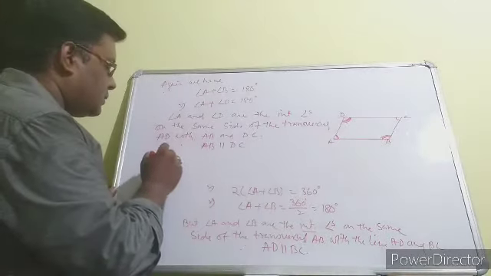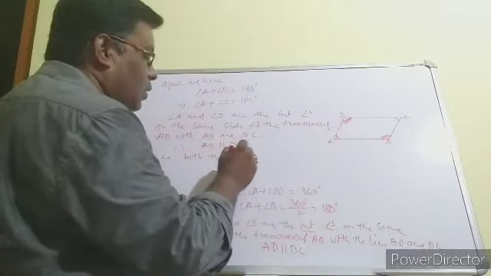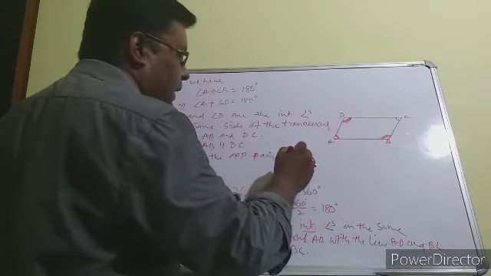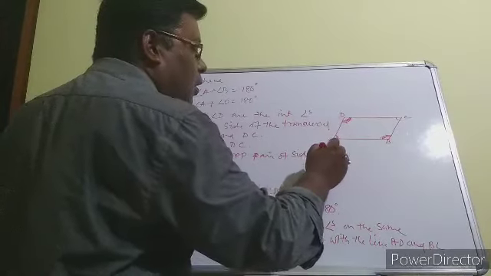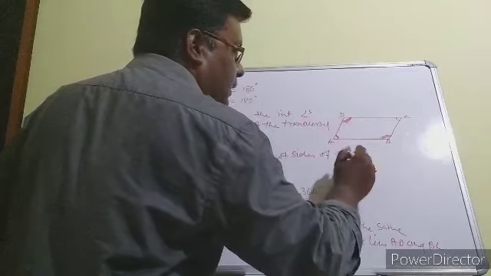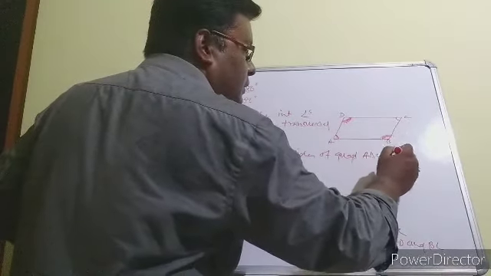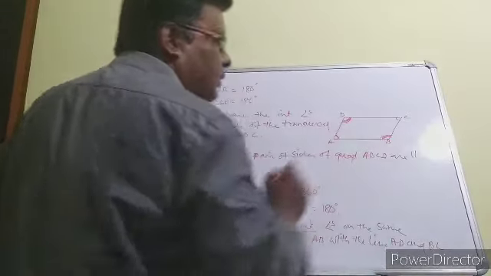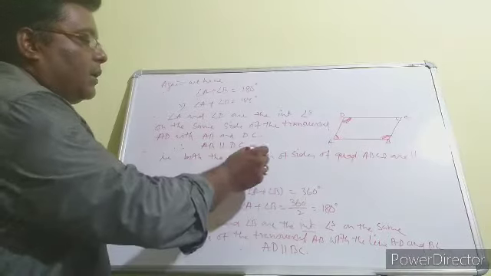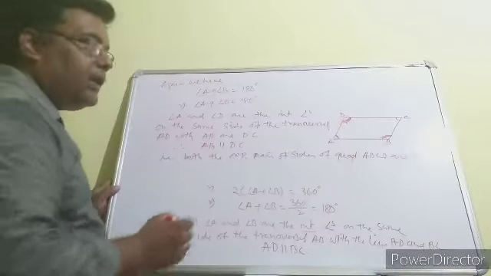That is, both the opposite pairs of sides of quadrilateral ABCD are parallel.